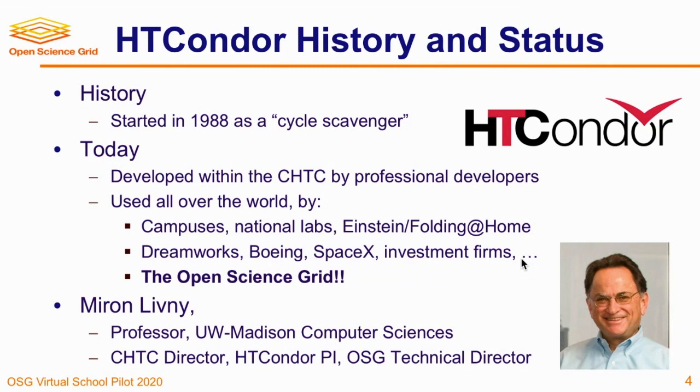Condor has been developed since the 80s at UW-Madison in what is now known as the CHTC. It's used all over the world by research institutions and companies, and it's the basis of the entire Open Science Grid. You'll learn a little bit more about how Condor makes the Open Science Grid work tomorrow. Today, you'll learn how it works for users and how to make use of it yourself.